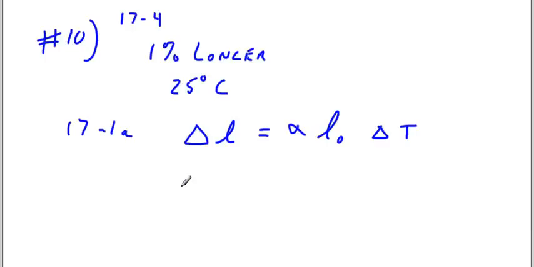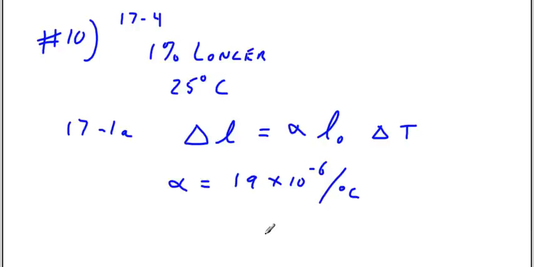So I find the alpha for brass is going to be 19 times 10 to the minus 6 per degree centigrade.